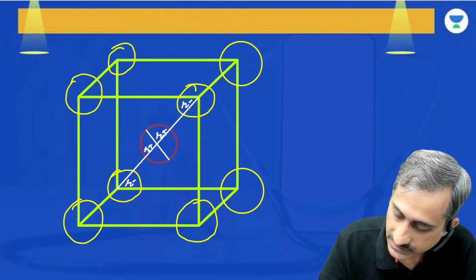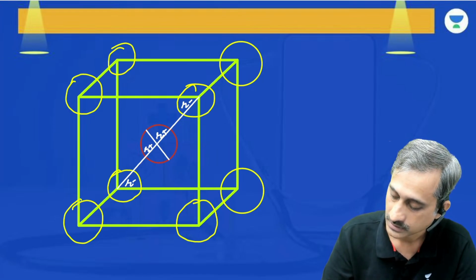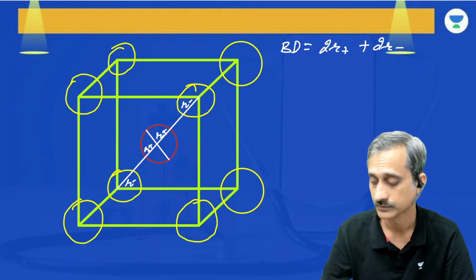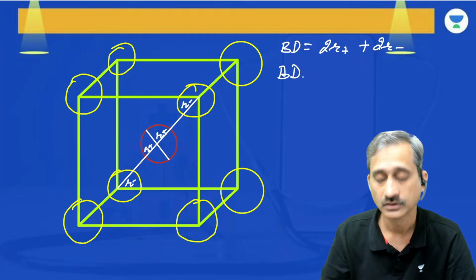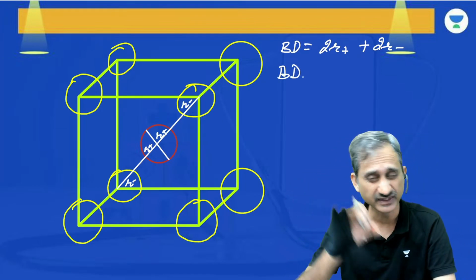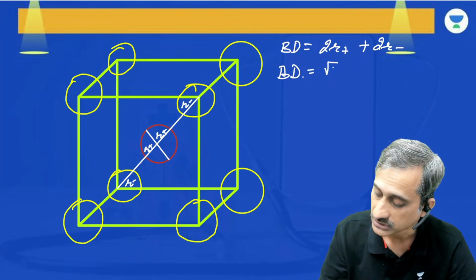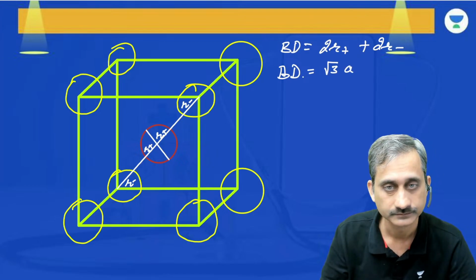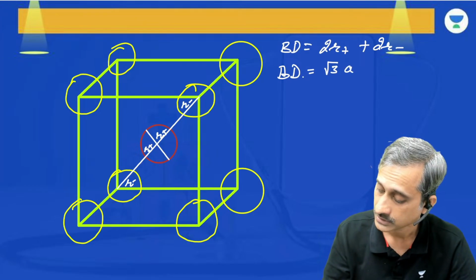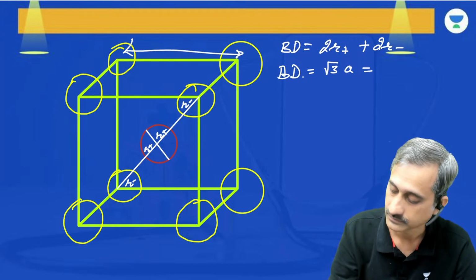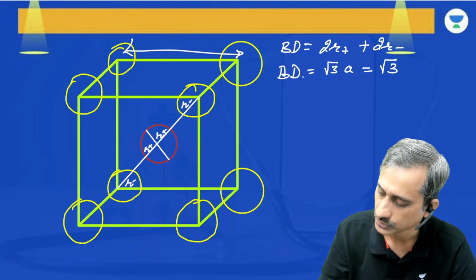To calculate it, what do we do? Body diagonal is equal to twice of r plus plus twice of r minus. Now the body diagonal for a particle exactly fitting in the cube will also be equal to root 3 a, where a is the edge length. Now a would be equal to twice of r minus. So this is equal to root 3 into twice of r minus.